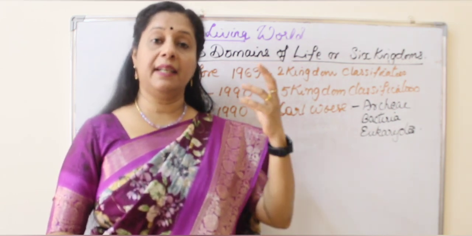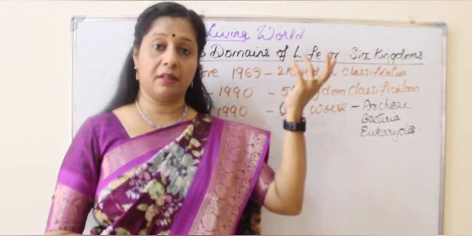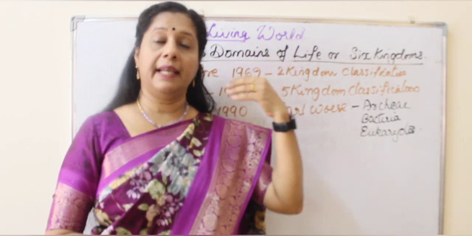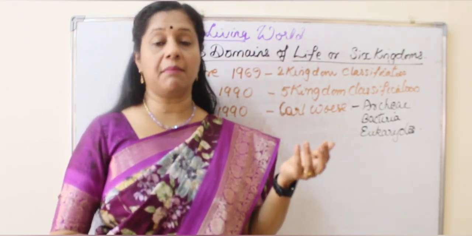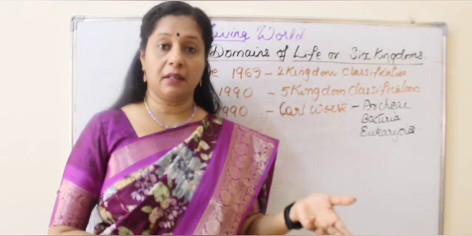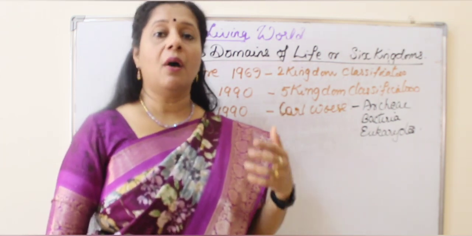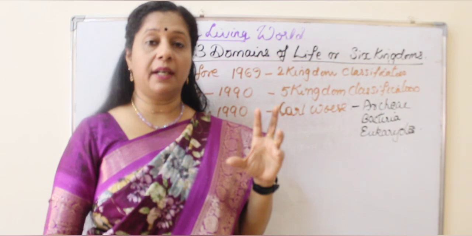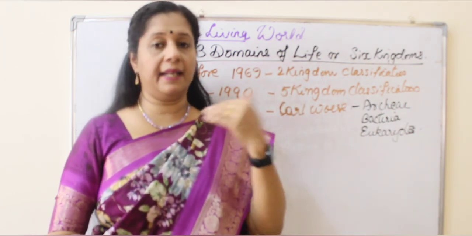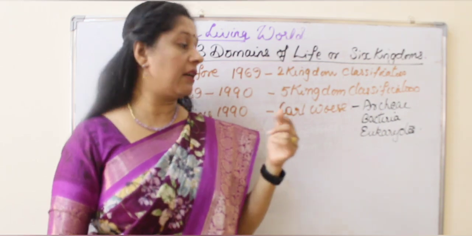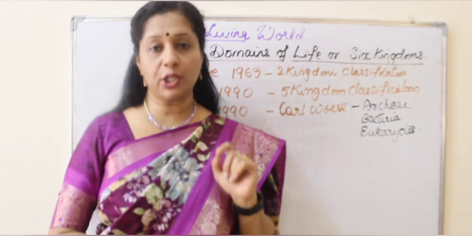Archaebacteria means the bacteria having the primitive qualities, means they can live in very harsh conditions like in acids, hot thermal vents, and also in cow dung. All these kinds of bacteria are put under archaebacteria, whereas other bacteria, normal bacteria existing in the present condition, are considered as eubacteria. Eu means true bacteria.